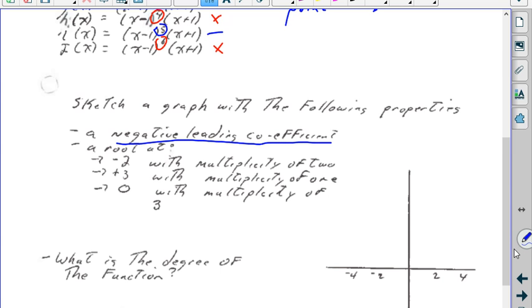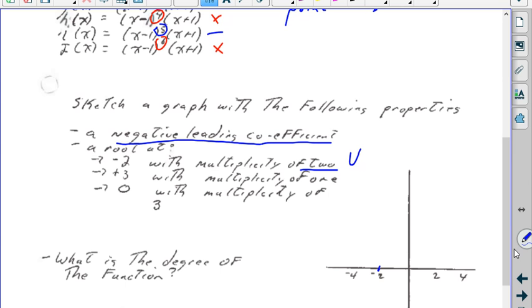Once we determine our degree, we're going to figure out what the end behavior looks like. We have a zero at -2. It has a multiplicity of 2. Well, that means I've got a point of tangency at that point. We'll keep that in mind when we sketch it.